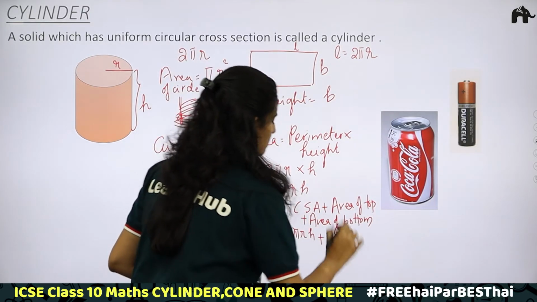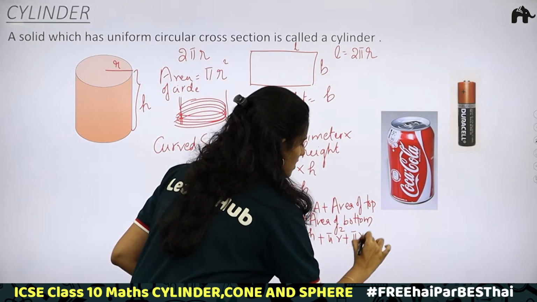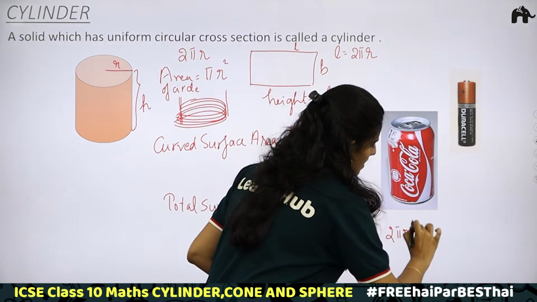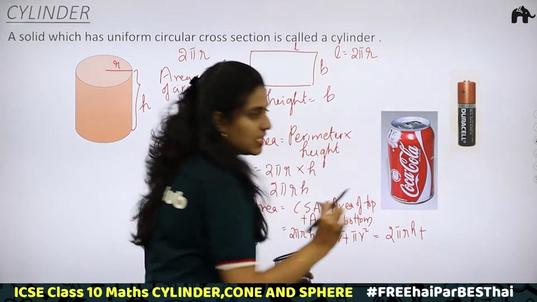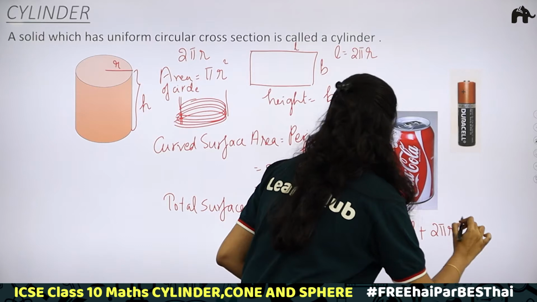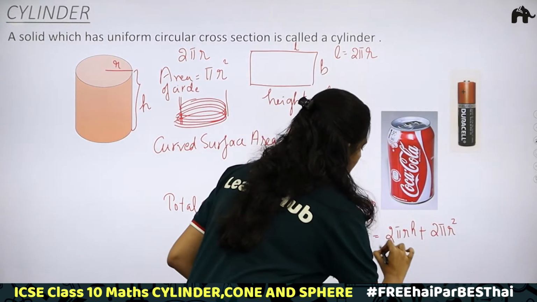Next, area of bottom, which is also pi r square. So it is 2 pi r h plus 2 pi r square.